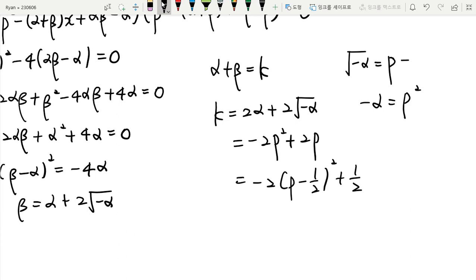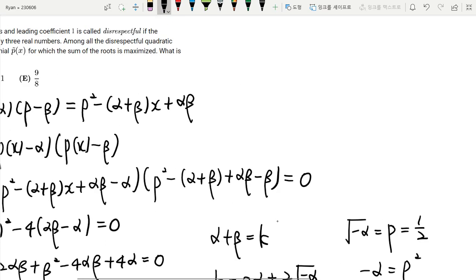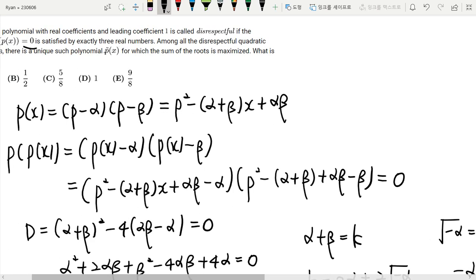So if p is 1/2, alpha is minus 1/4, and beta is here. Beta is 3/4, and so now we have this equation having the sum of roots maximized.